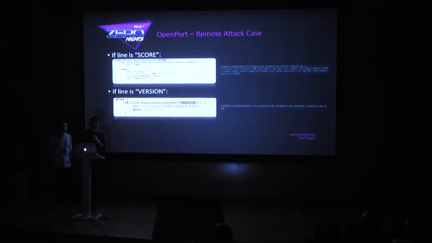If the line is score, it will get the running score of these phones to the attacker. And if the line is version, it will send the application version to the attacker.